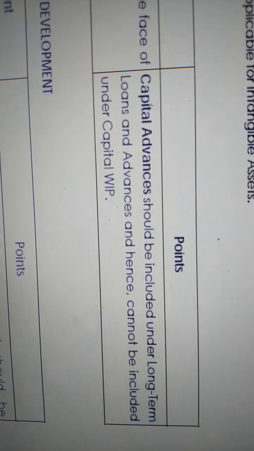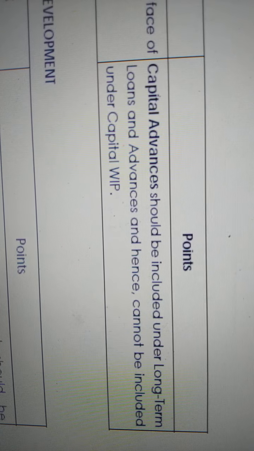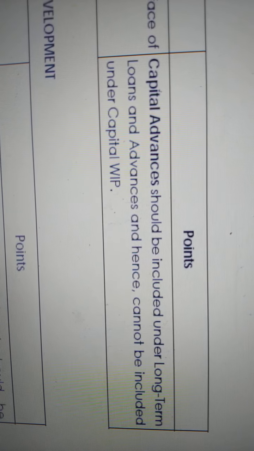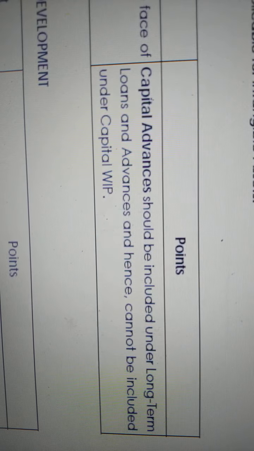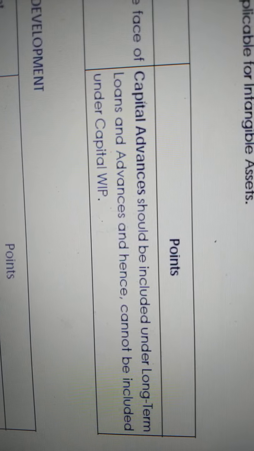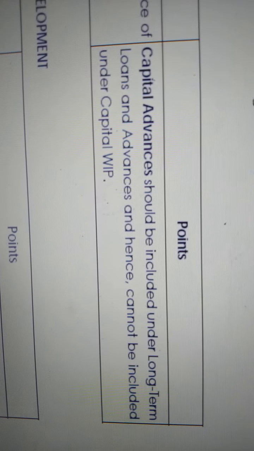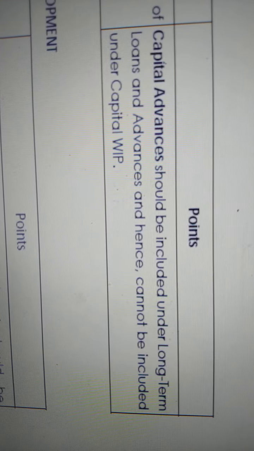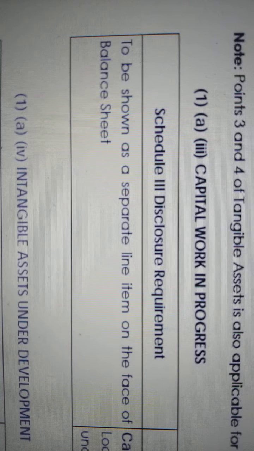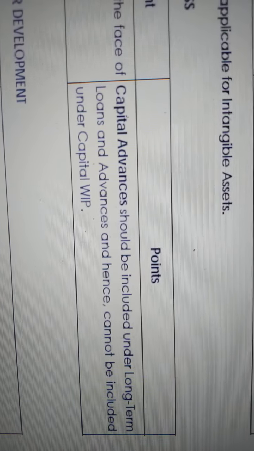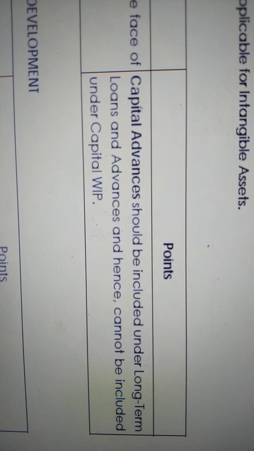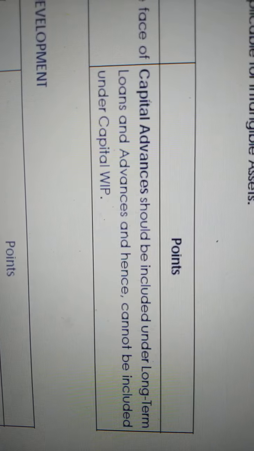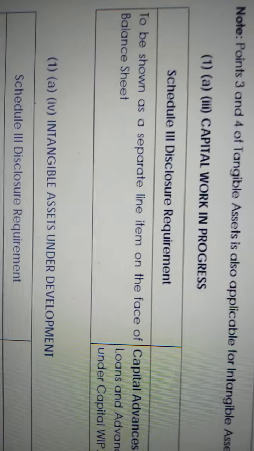What is the meaning? I gave some advance for the purpose of purchasing fixed assets. That is capital advance. Capital advance should be included under long-term loans and advances, and it should not be included with the CWIP. That's what they are trying to say. I gave some advances for the purpose of purchasing long-term fixed assets, that should be presented under long-term loans and advances, not under the CWIP category.